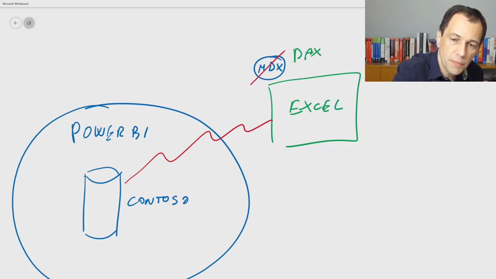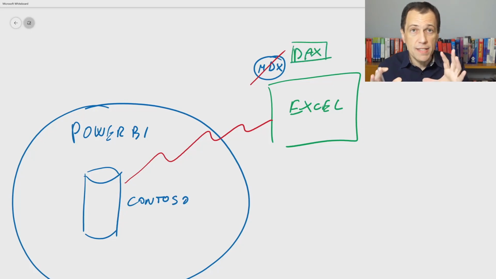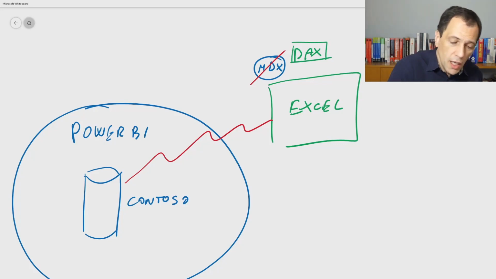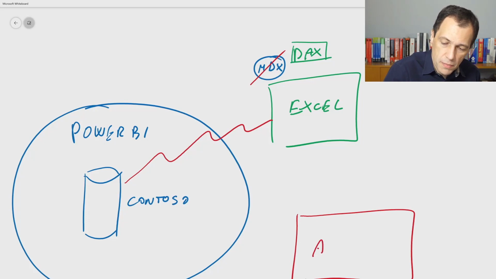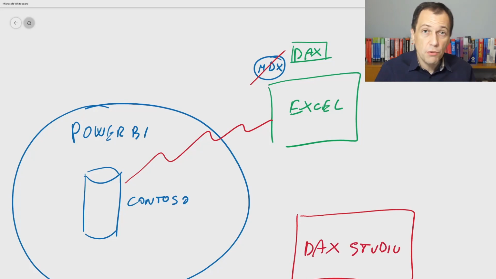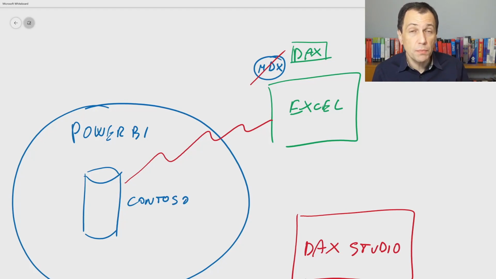And how do I obtain this DAX query that defines exactly the set of data that I want? I will use DAX Studio, because DAX Studio has a user interface, a query builder. I could use DAX Studio connected to Power BI, but in this case, if I have to connect to Power BI, I need to use the XMLA endpoint.